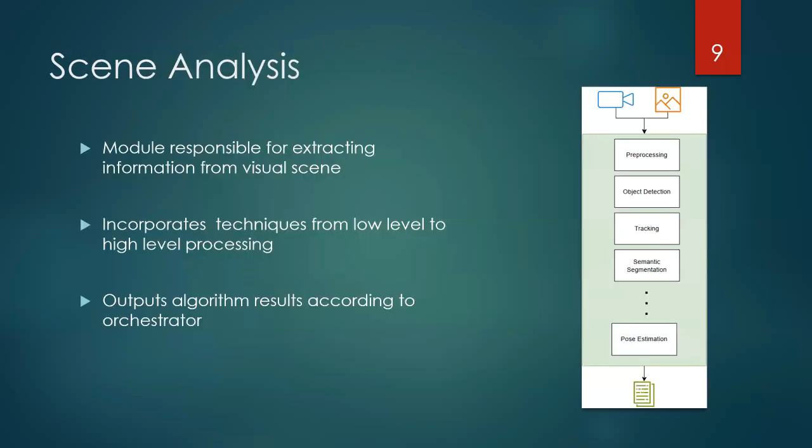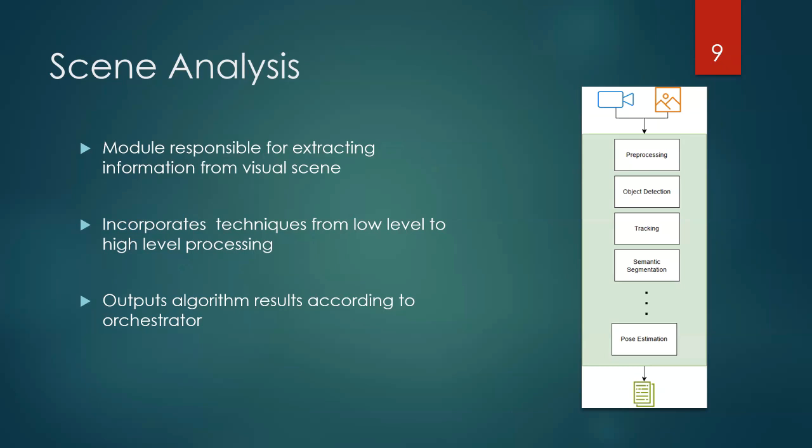So, starting with the scene analysis. The scene analysis module is essentially responsible to extract information from visual data. This can be from low-level features to high-level features. For instance, information about the pixel colors or the pixel positions, towards things like pose estimation, object detection, masks for the image, and so on.